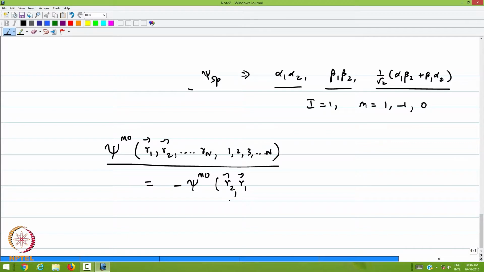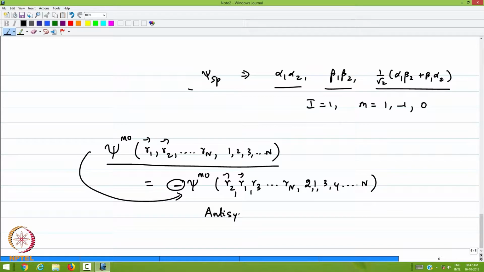It doesn't have to be 1 and 2. It can be 1 and any other electron, or any pair of electrons. An example here is 1 and 2 or 3 or n, and then you have interchanged the electron spin coordinates as well, 2 1 3, 4, etc. up to n. The relation between these two wave functions is the minus sign. This is the anti-symmetry principle.